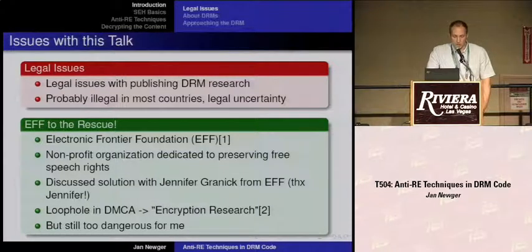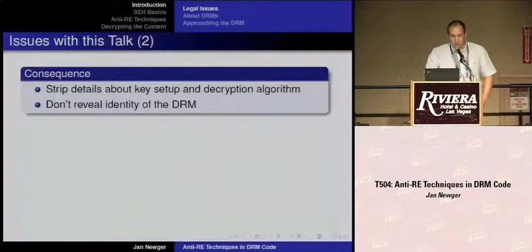This is still too dangerous for me, so I decided to go for another solution, and we discussed the various solutions which would fit here. As a consequence I modified the talk in a way that I skip all the details about the key setup of the decryption algorithm, and additionally I also won't reveal the very identity of the DRM in question, so this is kind of a black box talk.